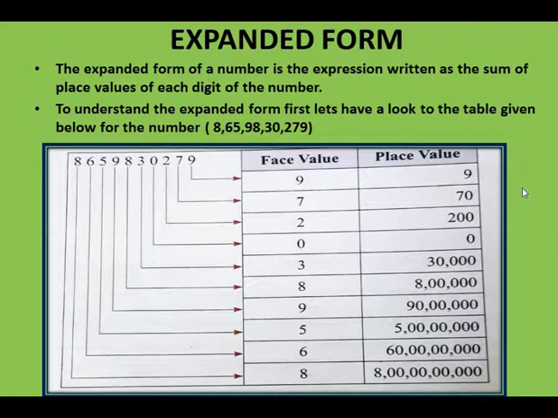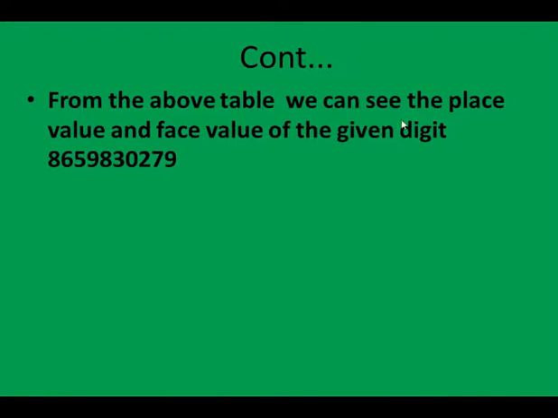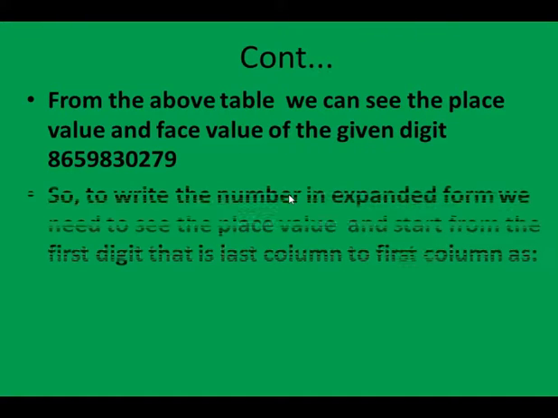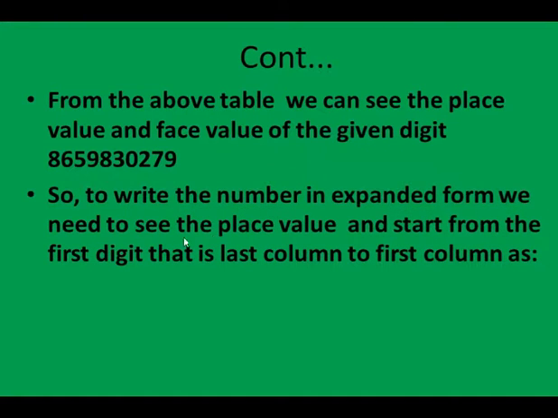So from the above table we can see the place value and face value of the given digits. To write the number in expanded form, we need to see the place values and start from the first digit, moving from the last column of the table to the first column.